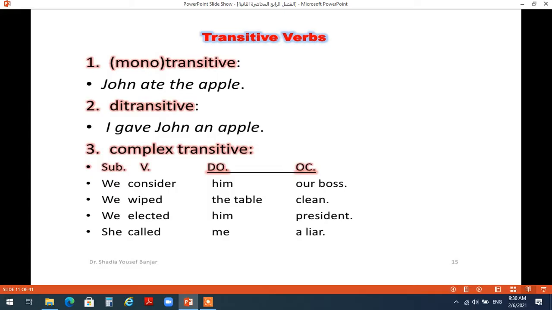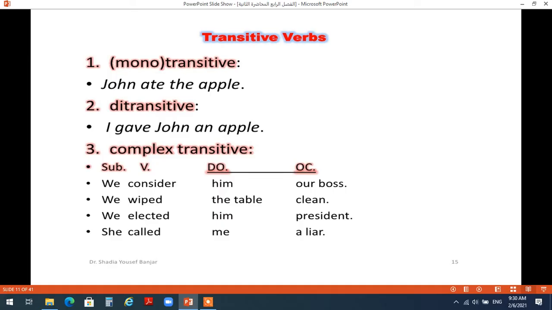As you see here, we will regard the verbs consider, wiped, elected, called as complex transitive verbs because there is a direct object followed by an object complement. So the direct objects are him, the table, him, and me. As for the object complement, it is regarded as our boss, clean, president, and a liar.